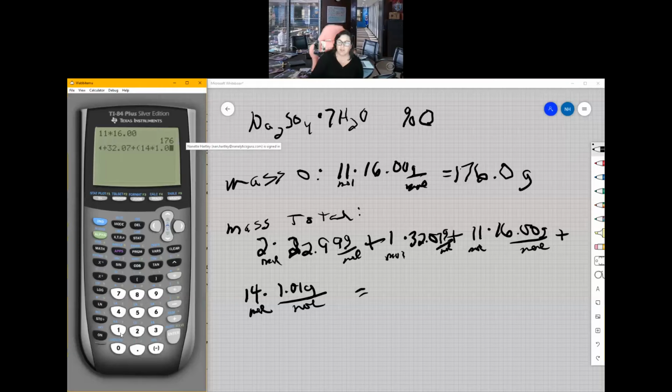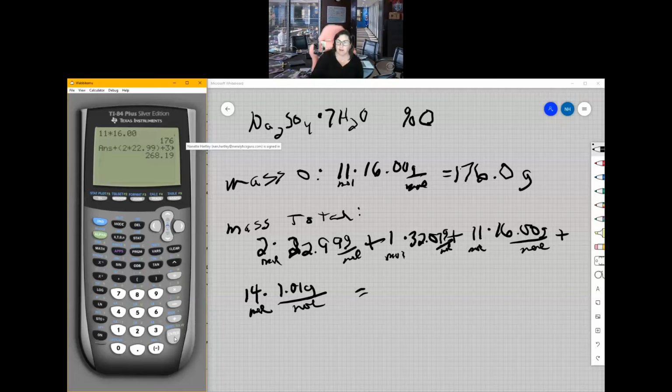Now, I do realize that the parentheses are not required. Order of operations says that the multiplication is going to happen before the addition. I get that, but I like to be explicit when I do this just to make sure that I put everything in right. That's the only reason I do it. It is not required. But that gives me 268.19.